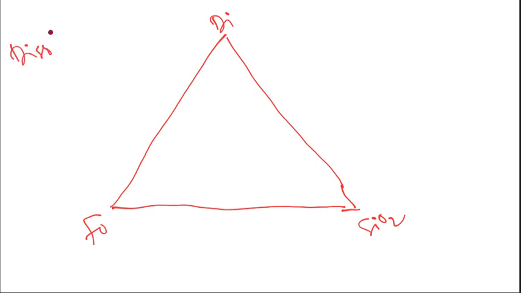Diopside 88, forsterite 12, na? So this is the eutectic point, nearly this. Then SiO2 16 and diopside 84. So somehow 84, this is 88. So nearly this.